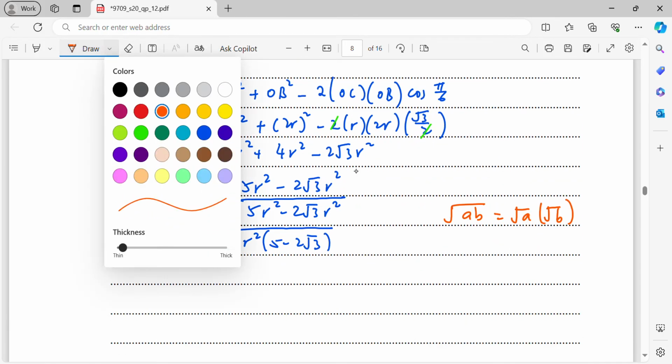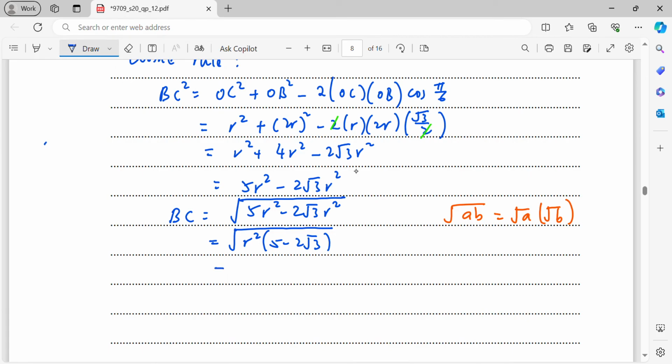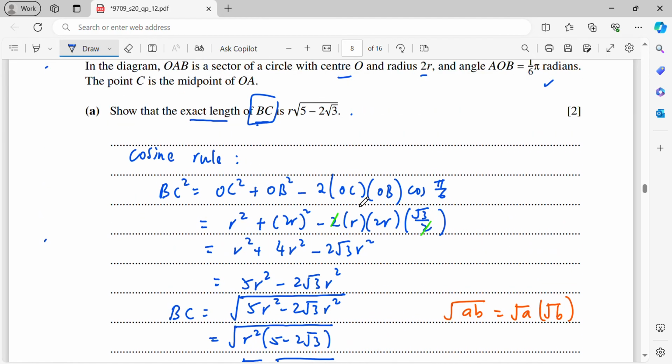So square root of r squared times a bracket, I can split it into square root r squared times square root 5 minus 2 square root 3. So square root r squared is r. So r square root of 5 minus 2 square root 3. So this is the answer.